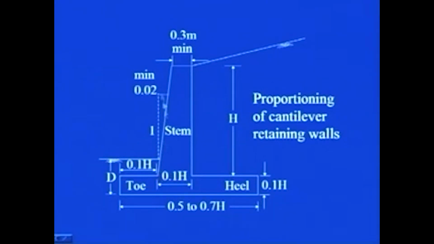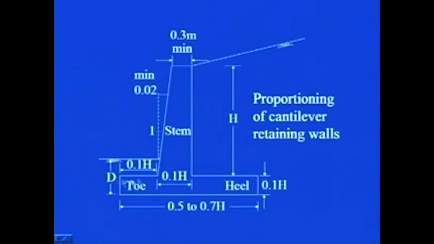In this case, again you can keep this tapered with a minimum 0.02 horizontal to 1 vertical, where h is the vertical height of the wall from this point. D is the depth of placement of this base slab below the ground surface.